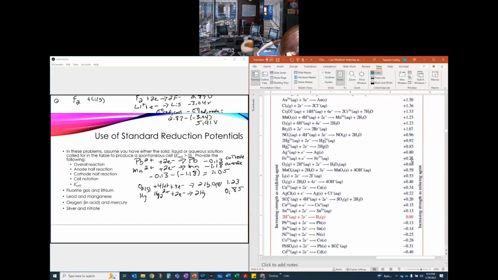All right. Gain electrons, reduce, cathode, and then lose electrons, oxidize at the anode.